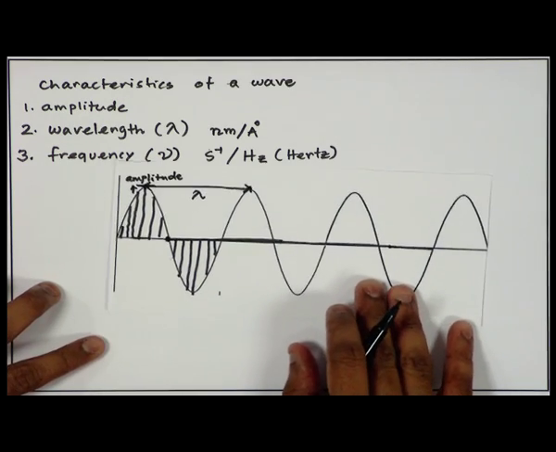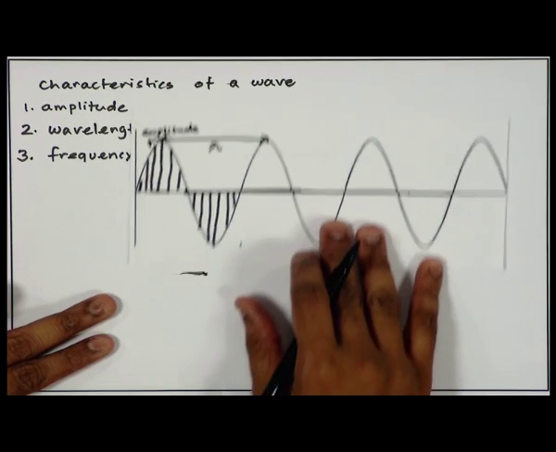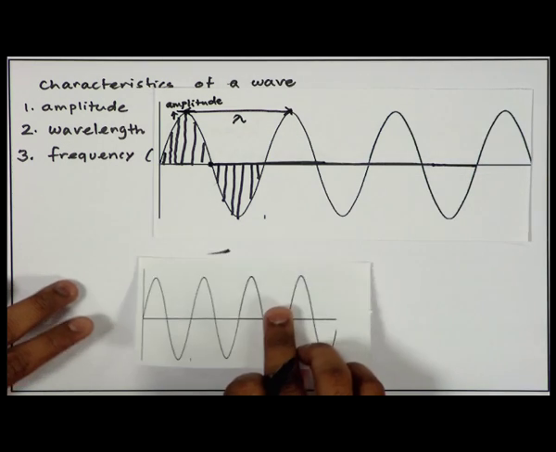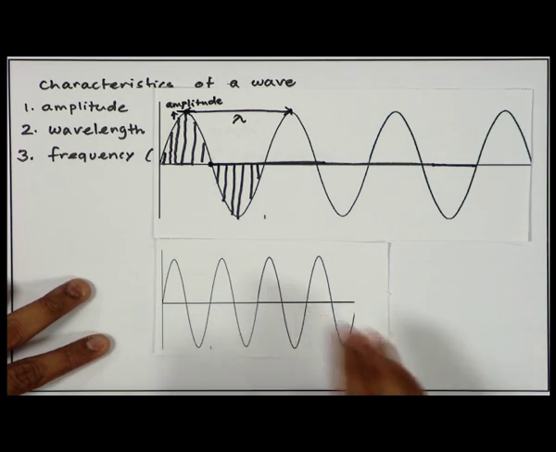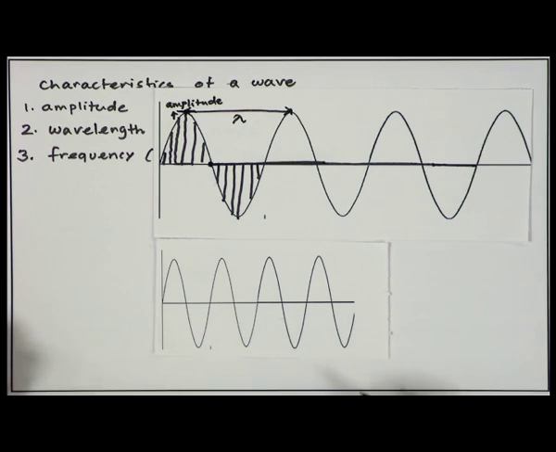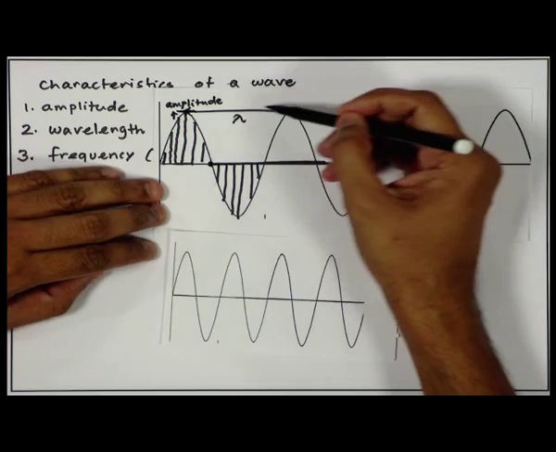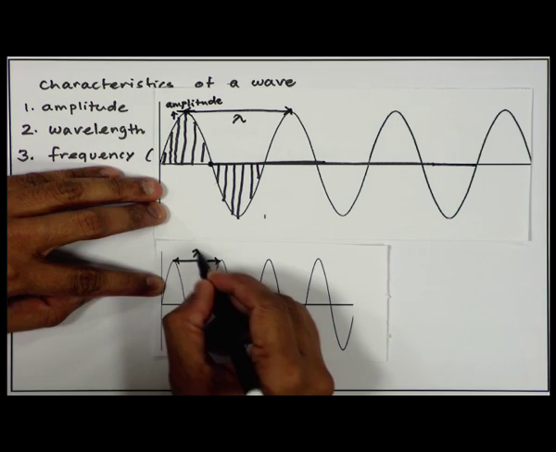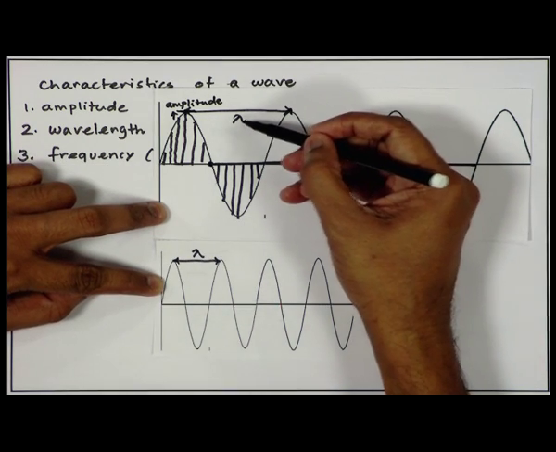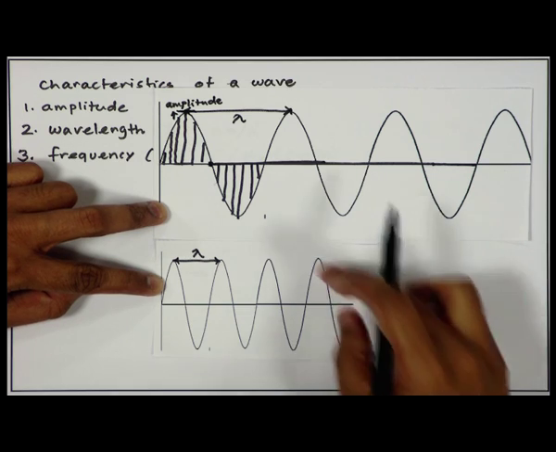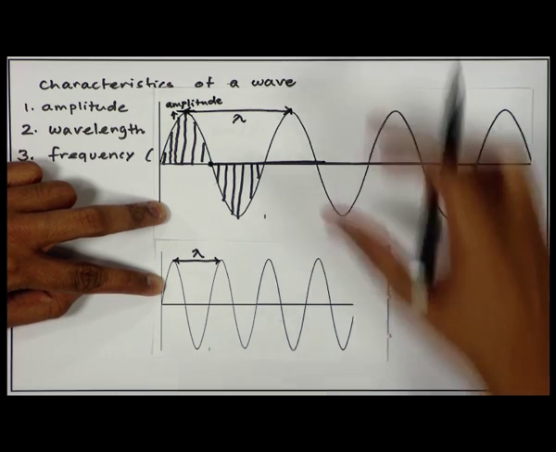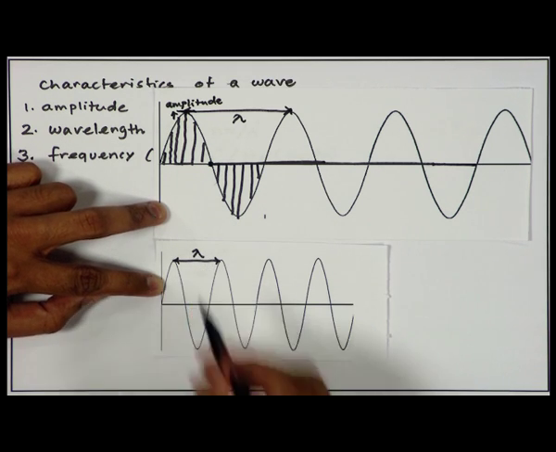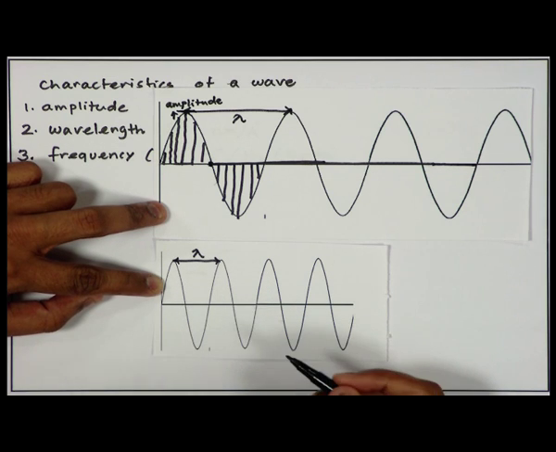This is my wave; I will show you another wave. What is the difference that you see? This wave has one wavelength and this wave has another. Obviously this wavelength is greater. I have kept the amplitude of the two waves the same, only changing the wavelength. Here lambda is less. Now, what will happen to the frequency?